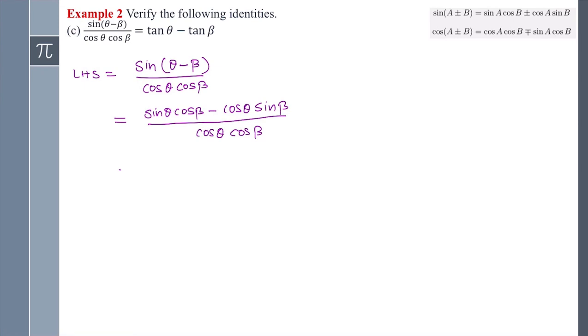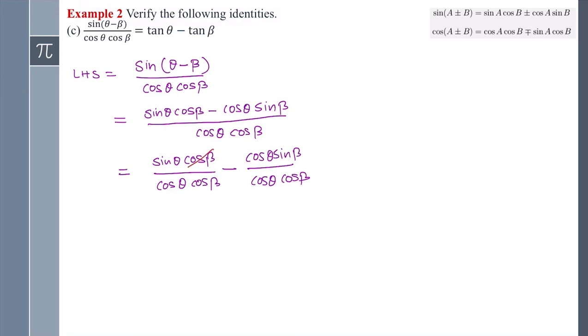So let's go ahead and separate this fraction. Sine theta cosine beta divided by cosine theta cosine beta, minus cosine theta sine beta divided by cosine theta cosine beta. And now we can cancel some common factors here.